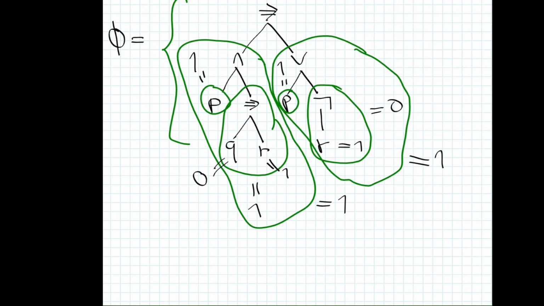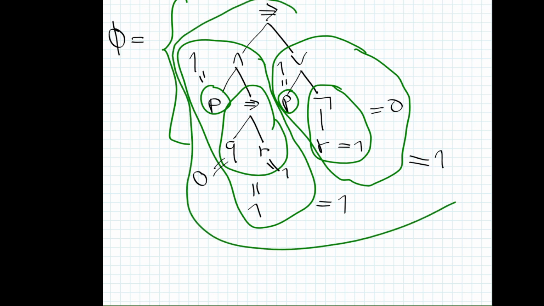Now, let's evaluate the whole set. Okay, so this set resulted in 1 over here, and this set resulted in 1. So what do we know about implication? What will this amount to? So for an implication, if x is 1 and y is 1, what happens?